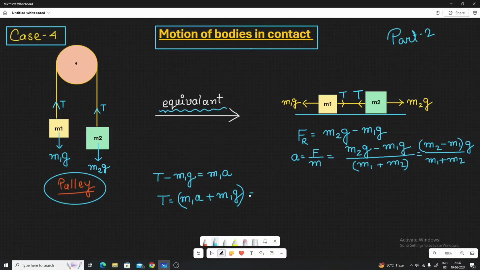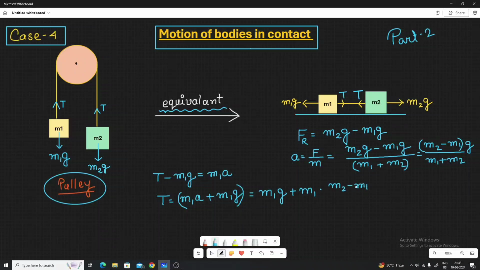Now just put the value of A here: M1G plus M1 times, what is the value of A?